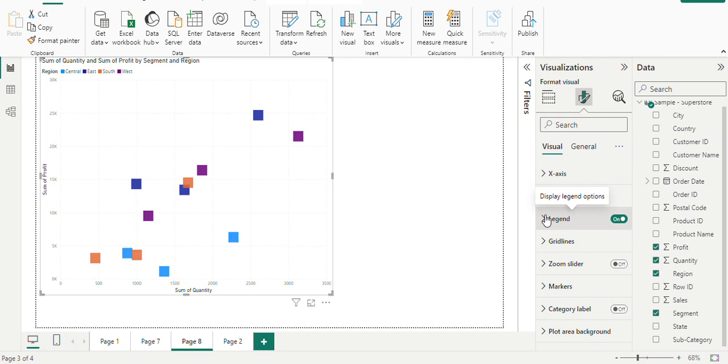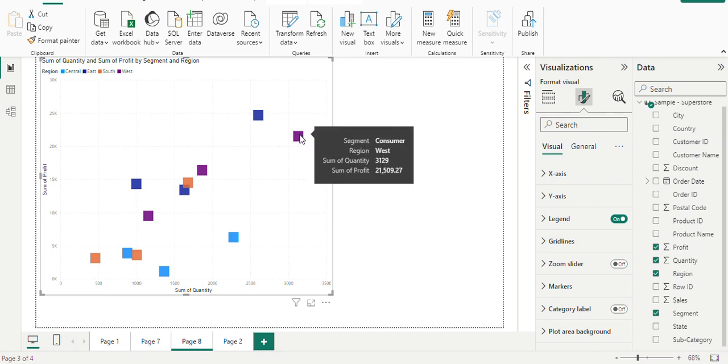Then we have tooltips, which are available on all data points. This is the tooltip value. You can see the tooltip, the value, segment, region, and sum of quantity are readily available. The tooltip shows the details of the data based on which the data is represented in the charts.